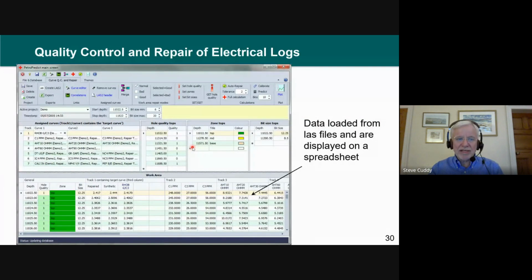So this is showing an example of a bit of software we're using for this. We've got a set of logs. This is resistivity logs, the sonic there. We give it the information about the zone tops and the bit sizes. And this is loaded into a spreadsheet, because geoscientists like to work with spreadsheets. So it's loaded into a spreadsheet where we do the first visual check.